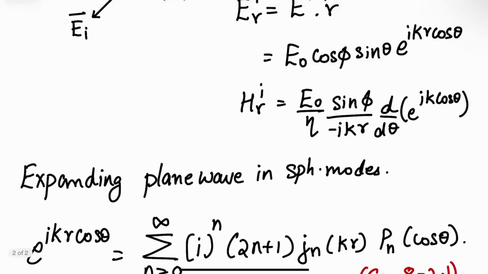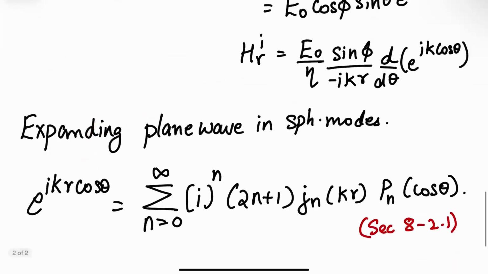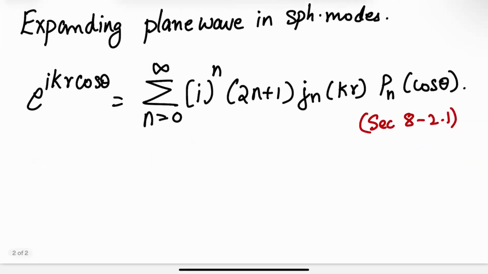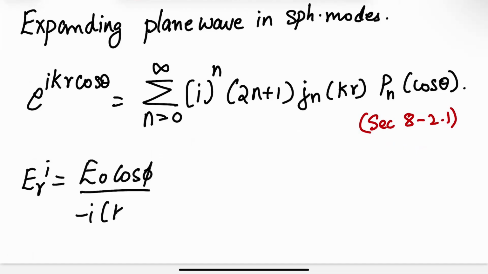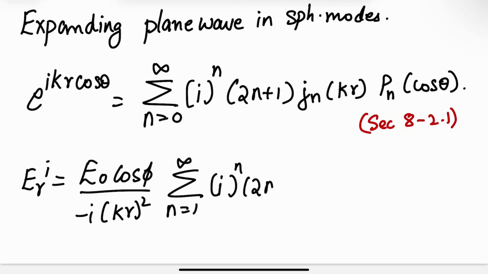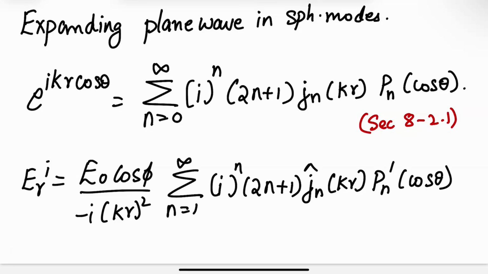Okay, so I want to basically substitute this in here. And that gives me an expansion of E_r and H_r in terms of spherical waves. Like E_r incident is E naught cosine phi over minus i k r squared, summation n equal to 1 to infinity, i to the n, 2n plus 1, j_n hat of kr, P_n^1 of cosine theta.